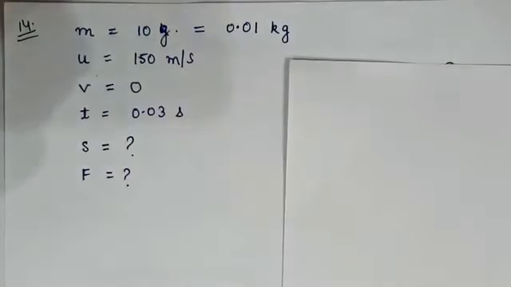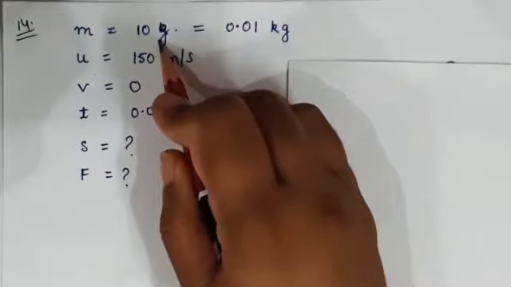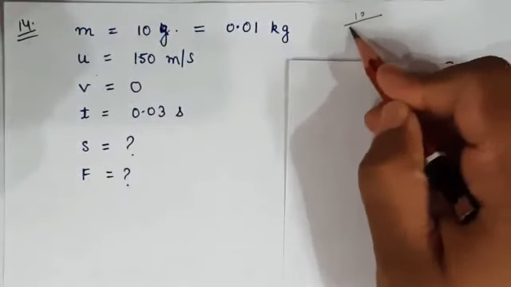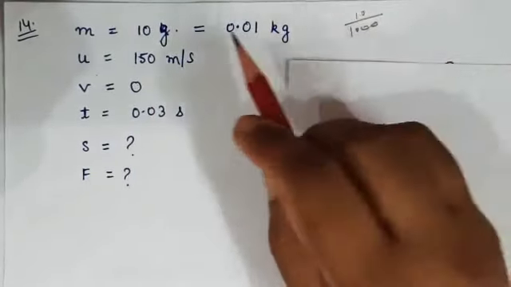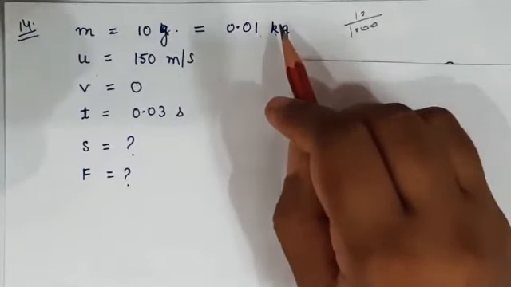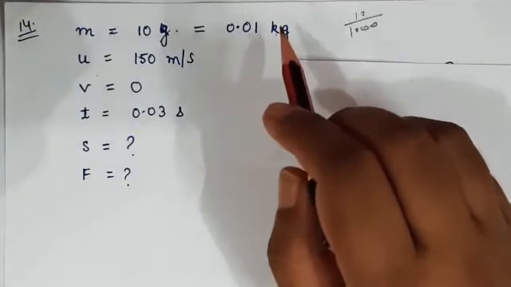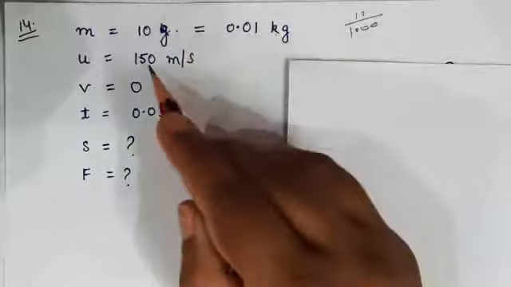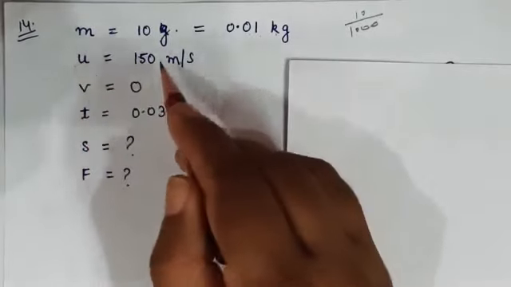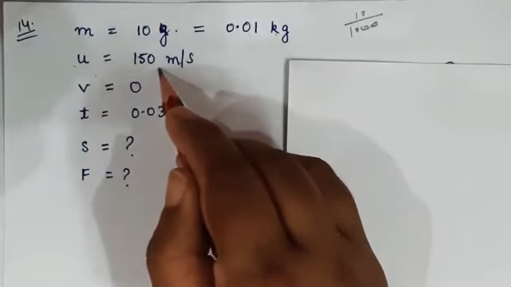Question number 14. A bullet of mass 10 gram, convert this into kg. 10 divided by 1000, that will be 0.01 kg. It is traveling horizontally with a velocity of 150 meter per second. Initial velocity is given, 150 meter per second.